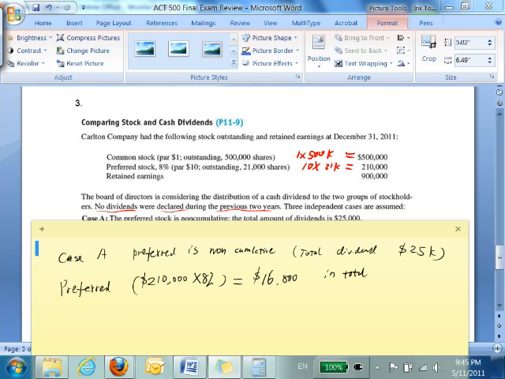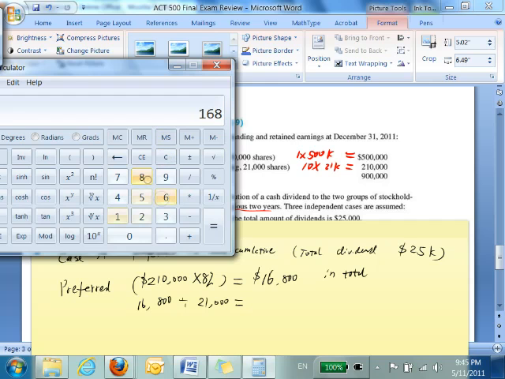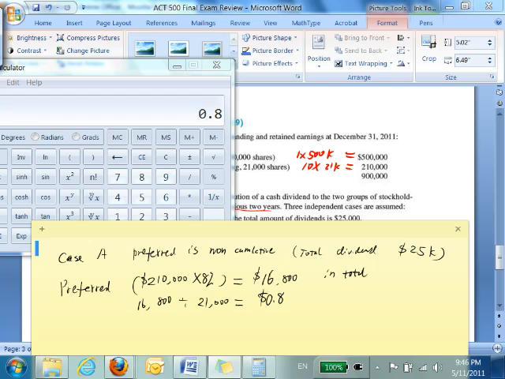So preferred stock in the current year is entitled to receive 16,800 dividend in total, and 16,800 divided by the number of shares. How many shares? 21,000. So 16,800 divided by 21,000, 0.8 dollars per share. Okay, this is for preferred stock.